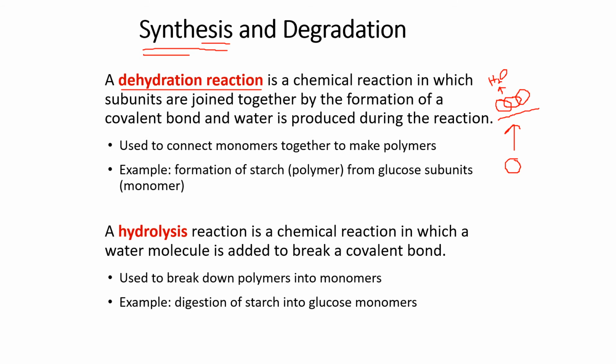The opposite direction, when we're going from a polymer to a monomer, we're breaking covalent bonds. The knife or the scissors that we use to break these bonds is actually water.